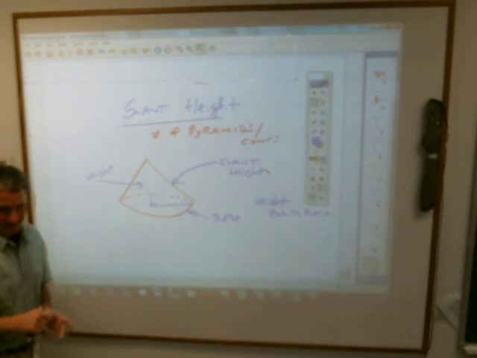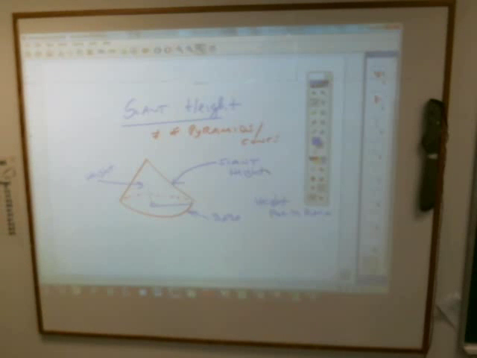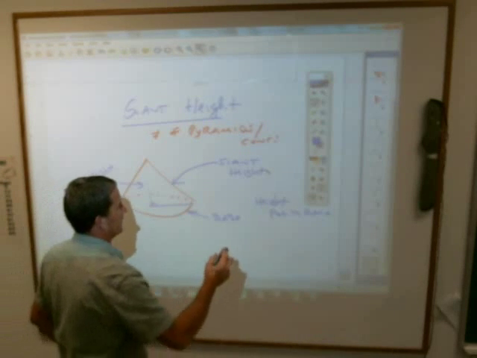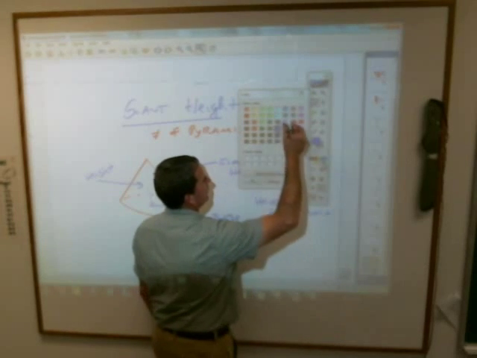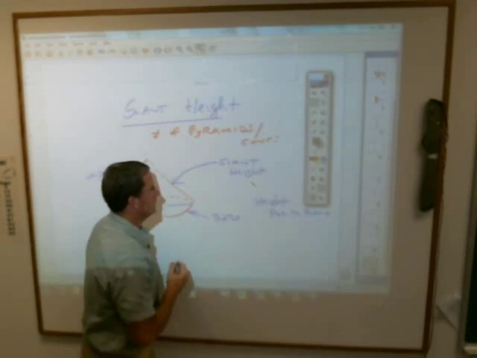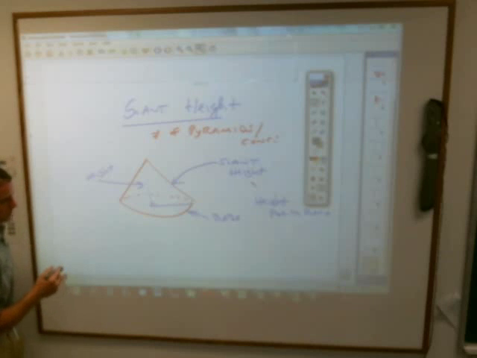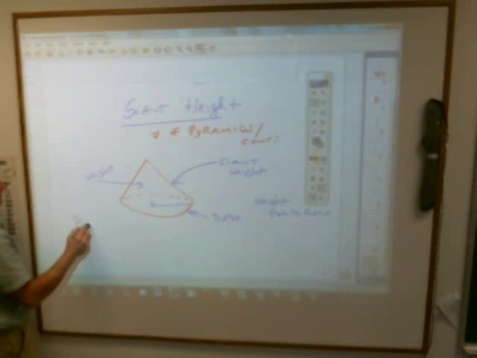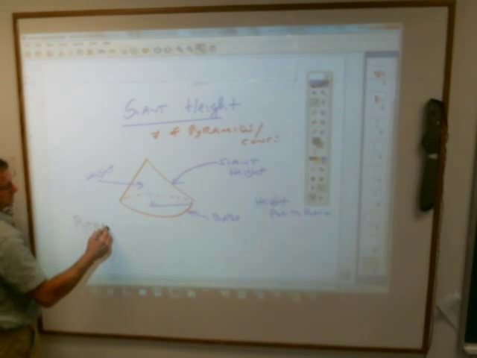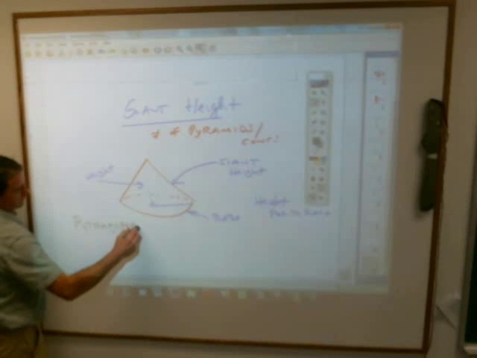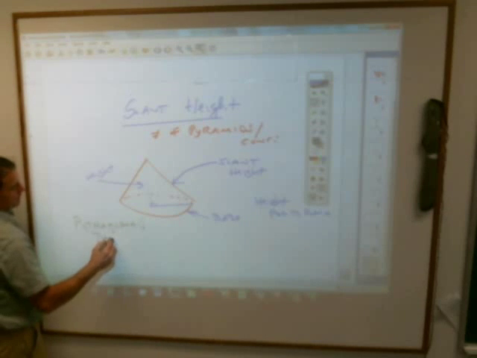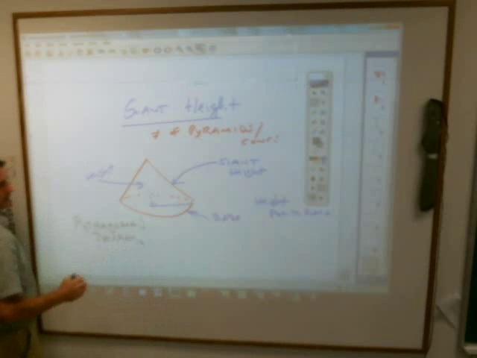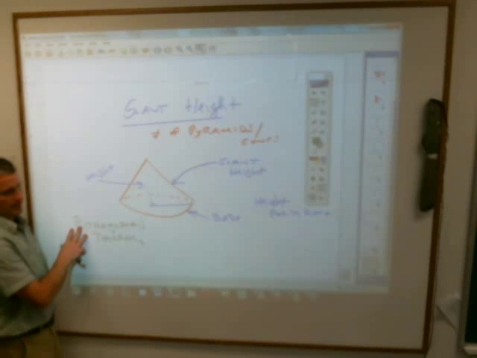Anytime you're asked to figure out the slant height, most of the time, the words Pythagorean theorem should pop up in your mind, because you are going to have to use that to find that slant height.